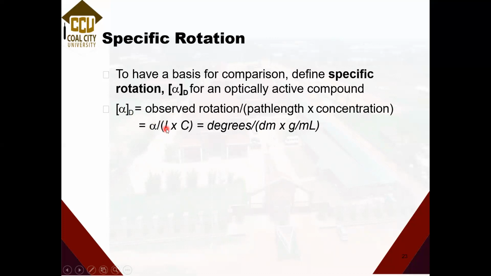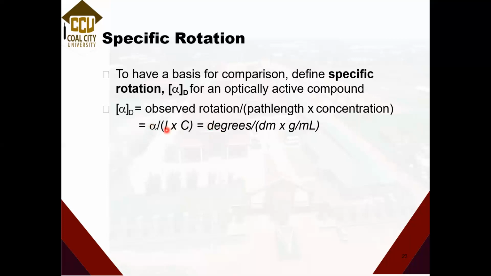The path length is the length of the sample tube that we are using. The length of the sample tube will determine the specific rotation, so it's also one of the determinants, times the concentration of the compound. The concentration of that compound in the sample tube will also determine what the specific rotation will be. So this will be equal to degrees, of course, because alpha is measured in degrees.